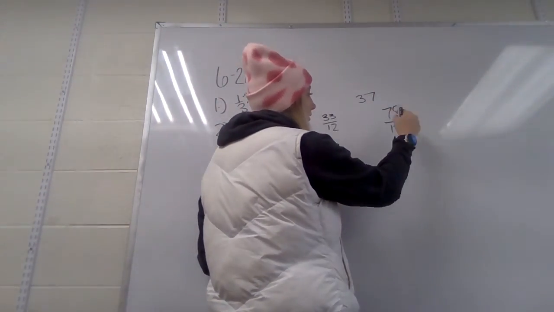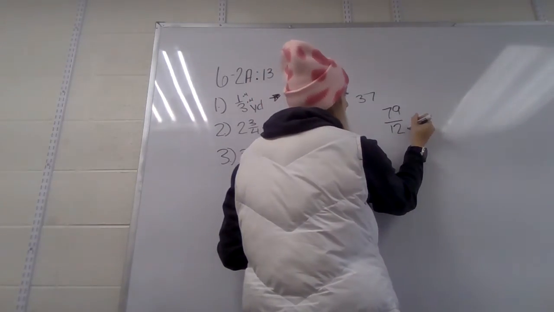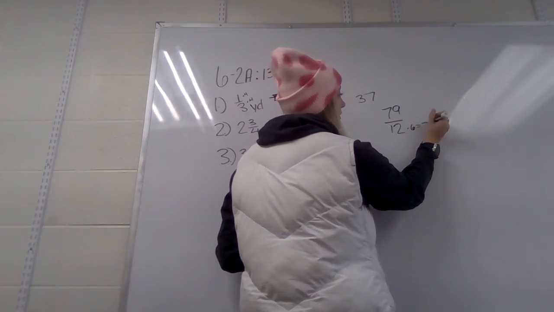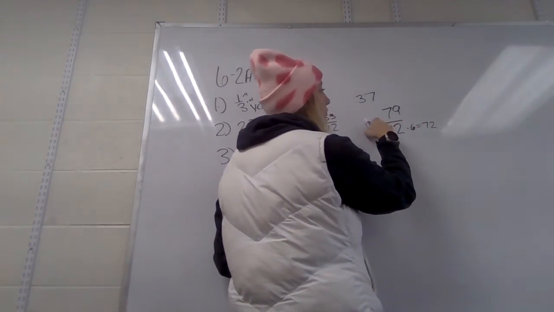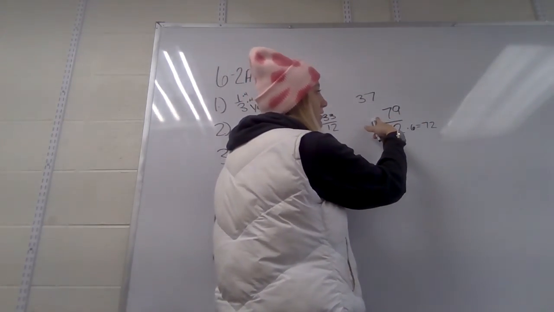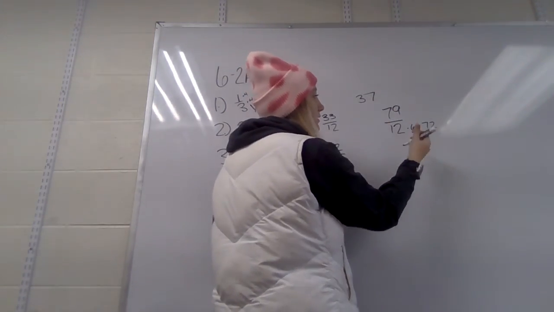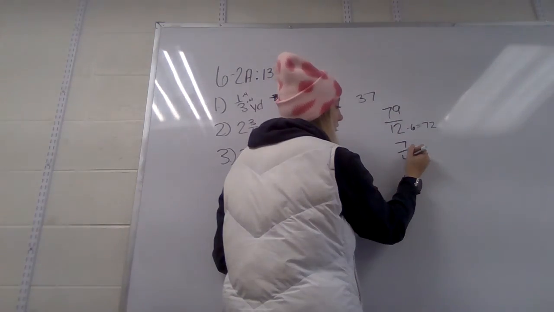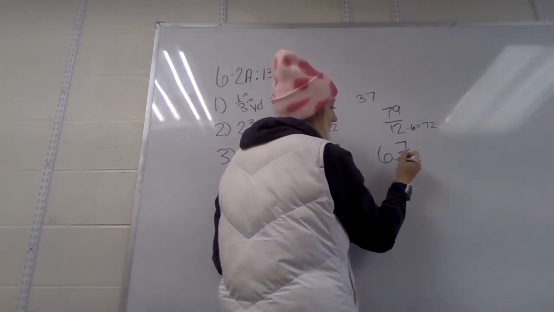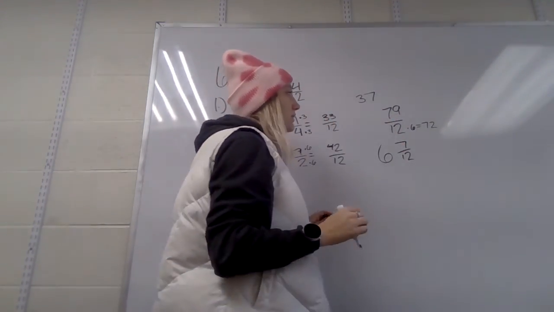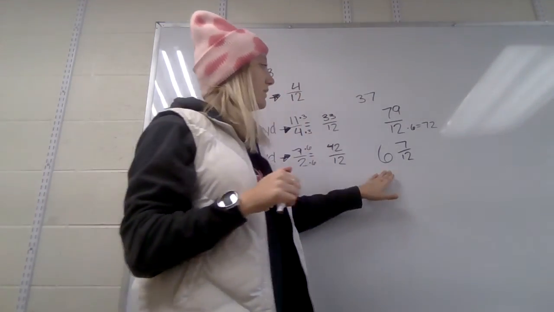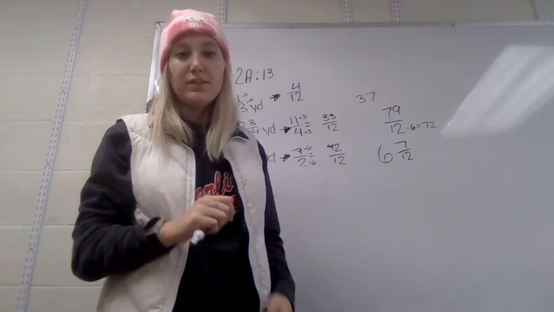So 12 times 6 equals 72. 79 minus 72 is 7, so 7/12. And we'll take the 6 out because they both go into 72. So it'll be 6 and 7/12 to equal it up.